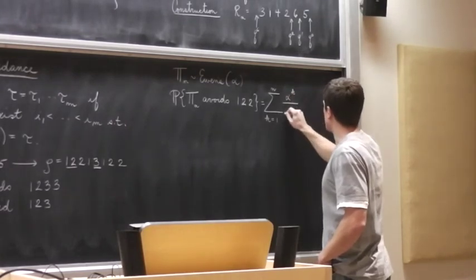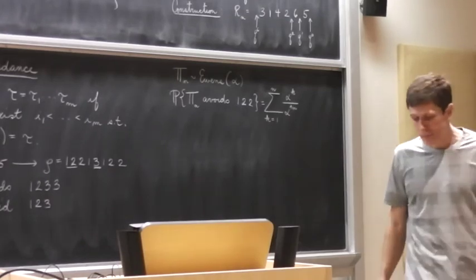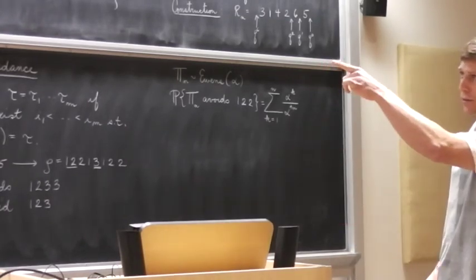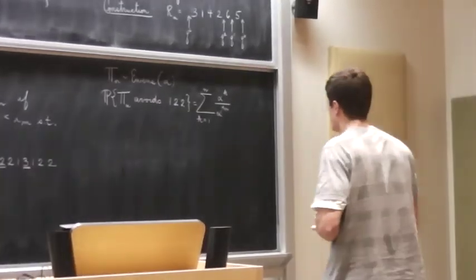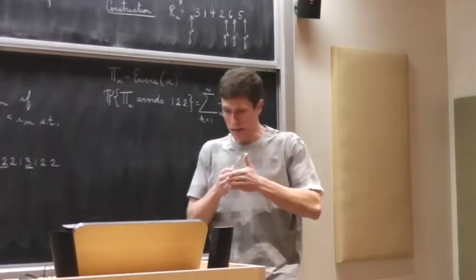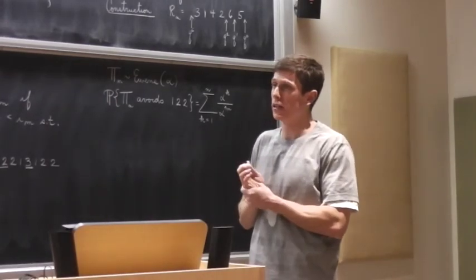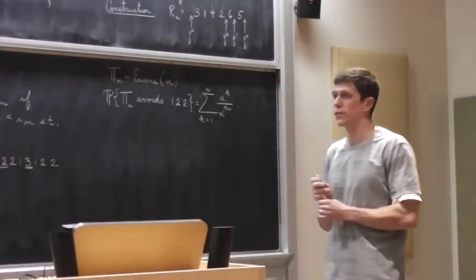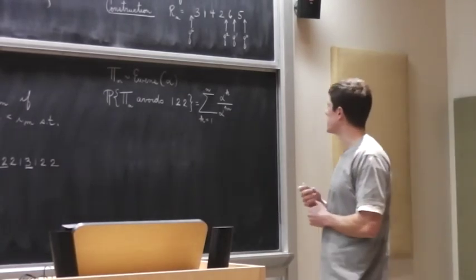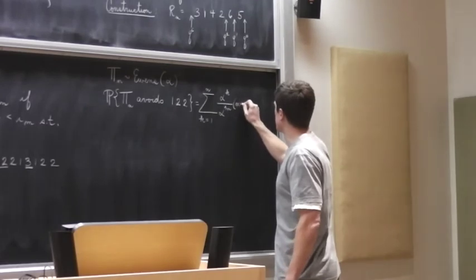We have alpha to the number of blocks over the normalizing constant. And now we have the combinatorial factor associated to each of the blocks. Well, if the partition has k blocks, then all of the blocks beyond the first, there are k minus 1 of them, have to be singletons, so all the other elements have to be in the first block. So there are n minus k plus 1 elements in the first block, so we get the factor n minus k factorial.